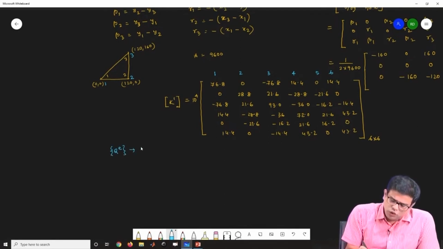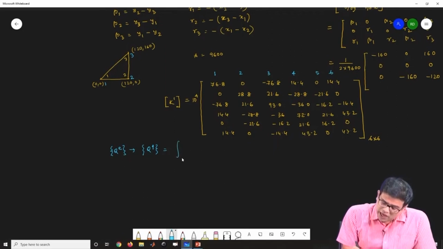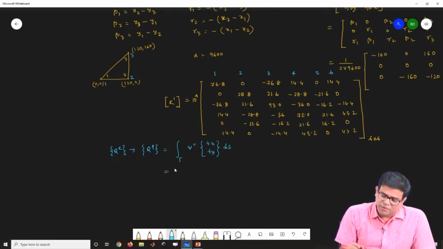So the QE vector, here QE1, I can write as the integral over gamma of psi transpose times Tx and Ty, over ds. So this is my traction.